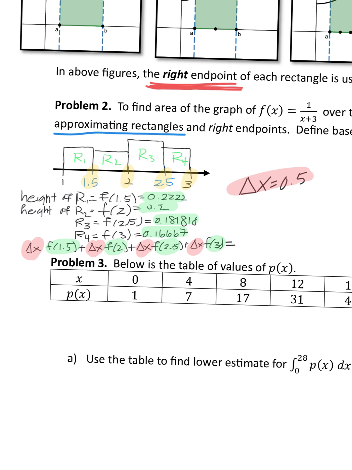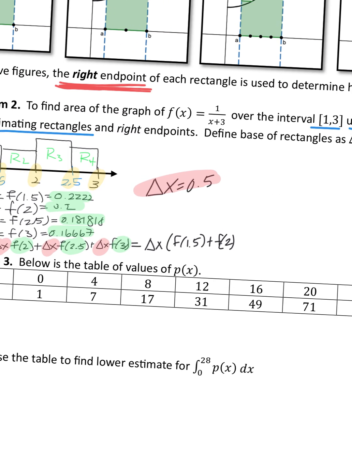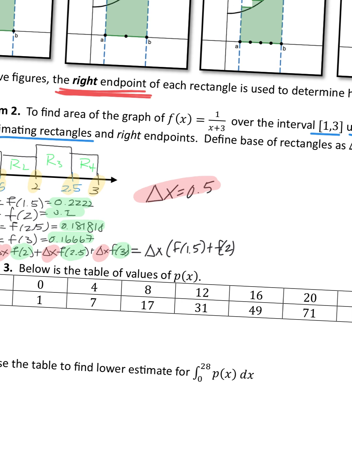So when I make all those substitutions into the calculator, in fact, I could factor out a delta x from everything. So let me do that. If I factor out a delta x, I will be left with an f of 1.5 plus f of 2 plus f of 2.5 and lastly plus f of 3.